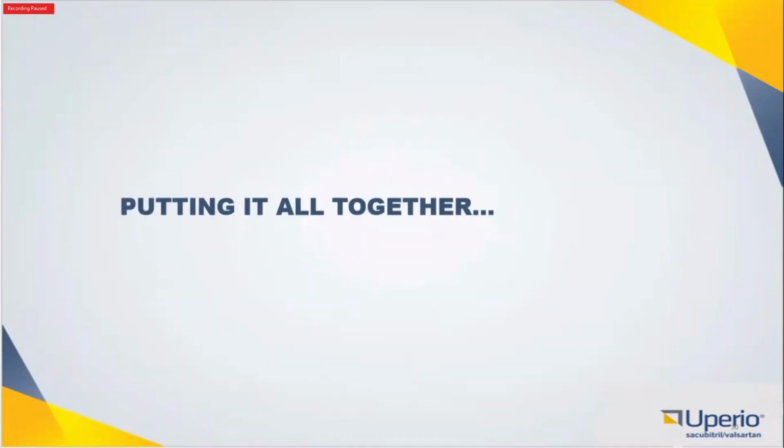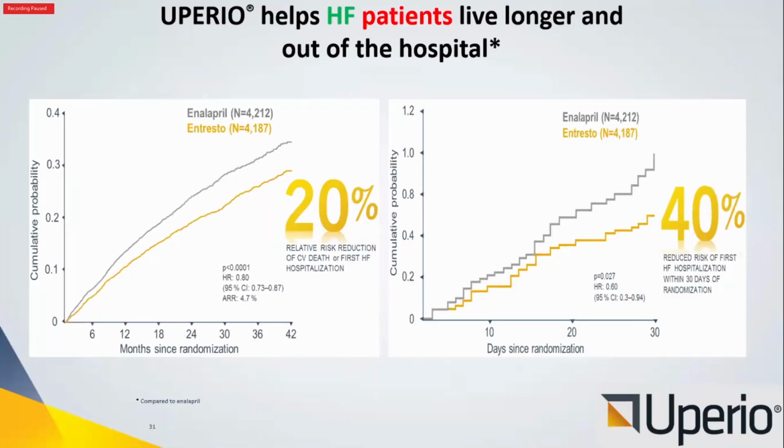So putting all of these together, we have looked at the effectiveness of the drug, the effect on glycemic control, the tolerability, and the effectiveness in reducing cardiovascular events. This study shows that, compared to the enalapril patients, the Uperio patients had a 20% relative risk reduction of cardiovascular death or first heart failure hospitalization.